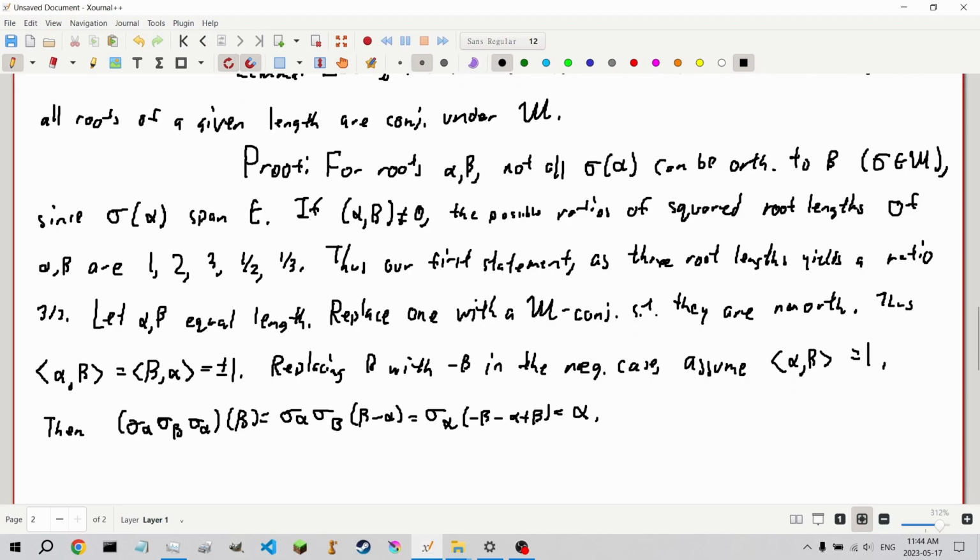Alright, and so when we're working in an irreducible root system, we may call roots long or short. If they're all the same length, it doesn't really matter. It's conventional to call them all long, I guess.